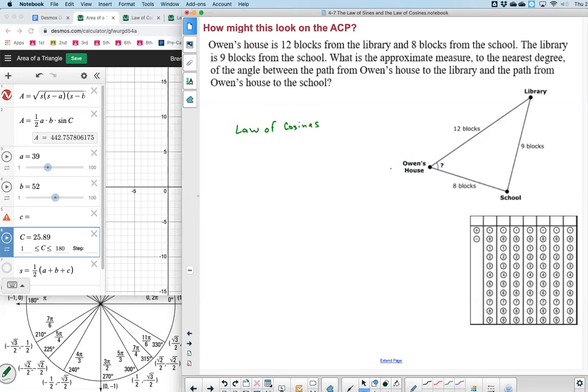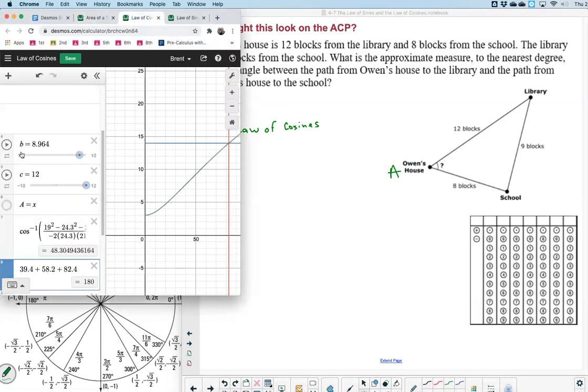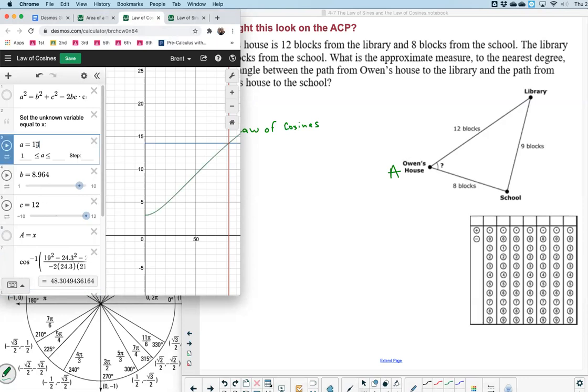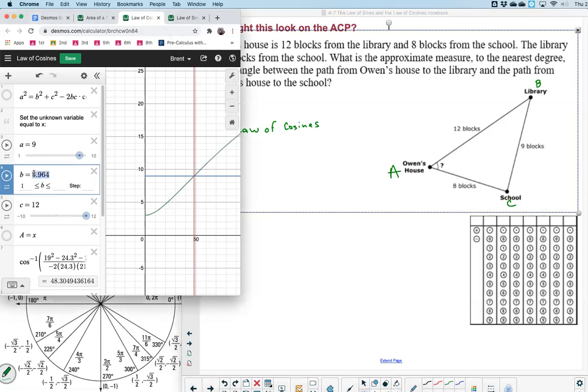Since this is the angle I'm looking for, I'm going to call that A. So I'm going to go to my law of cosines calculator, and we'll say little a is 9. I'll call this one B and this one C. The side across from the library is the path for B, which is 8, and that leaves C to be 12.